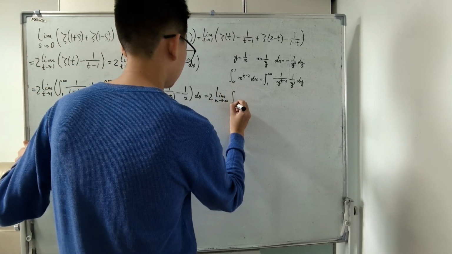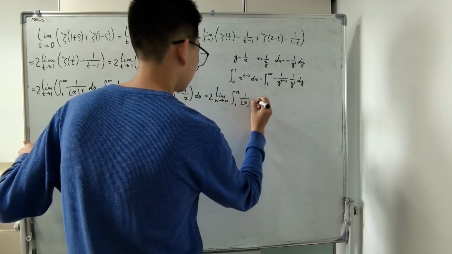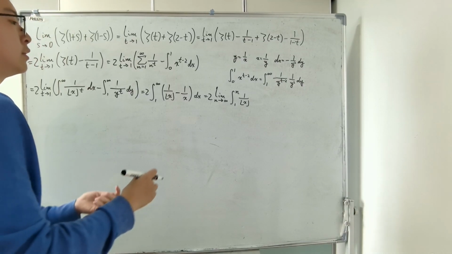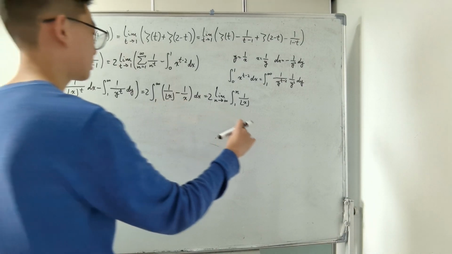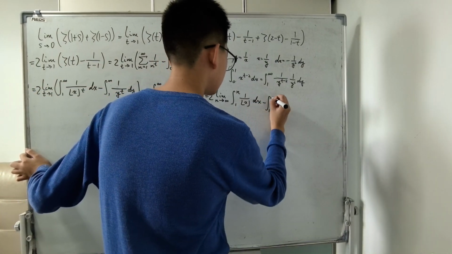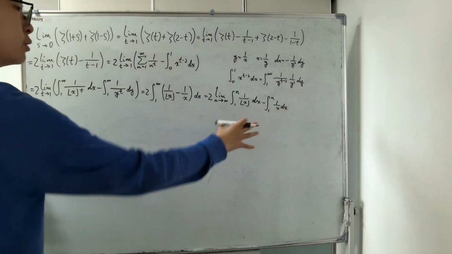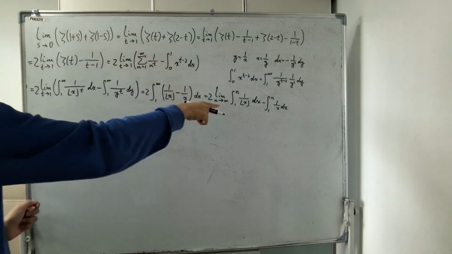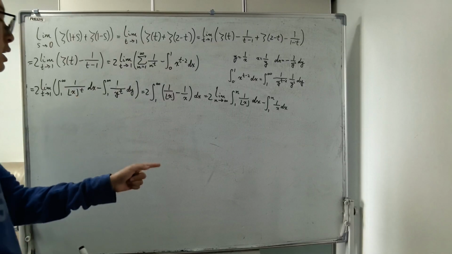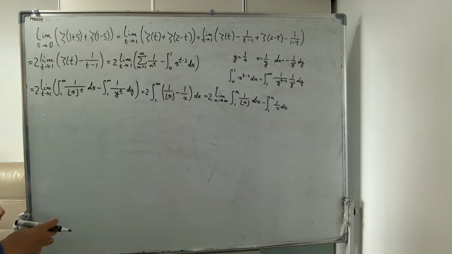This is going to be the integral from 1 up to n of 1 over the floor of x, and since this isn't an improper integral, we can split them, dx, and then minus the integral from 1 to n of just 1 over x dx. So this is our new limit. And it's an integer, which is important for this term, because for this one, we can now break this up into, is it like n minus 1 integrals.